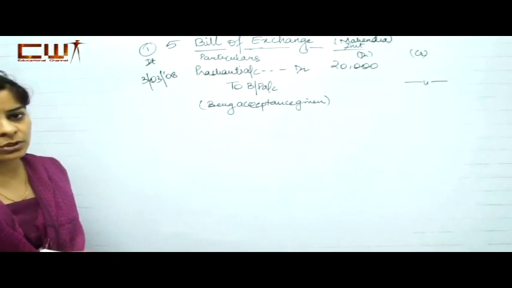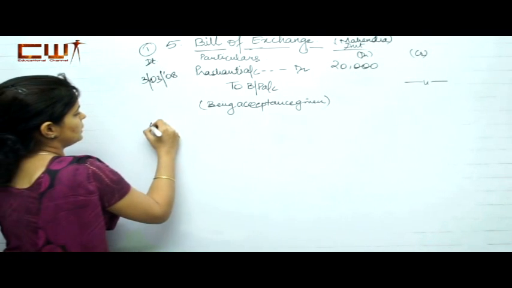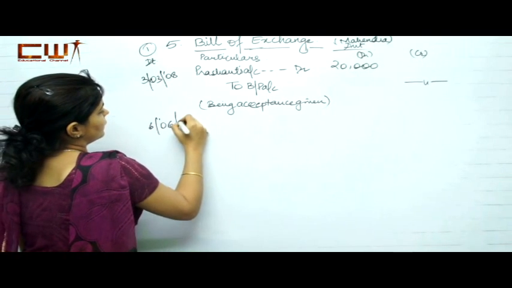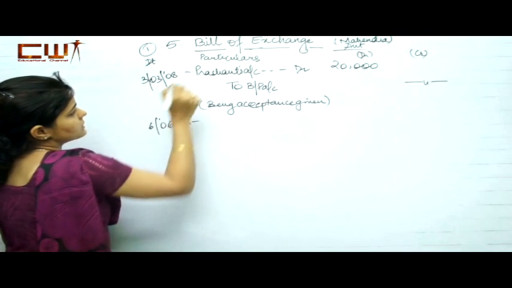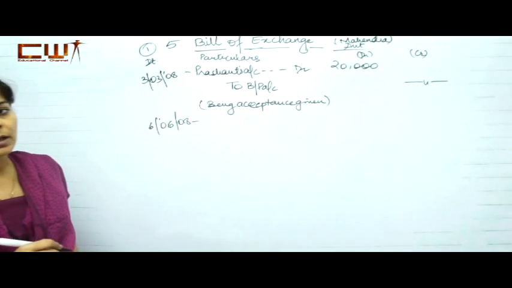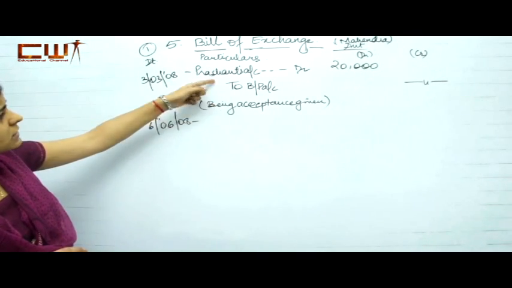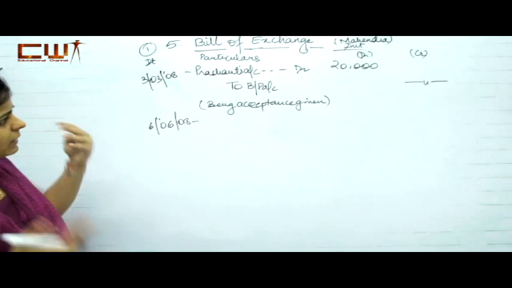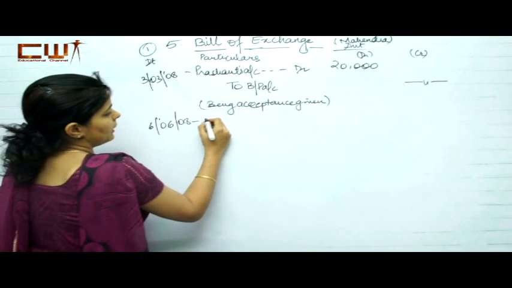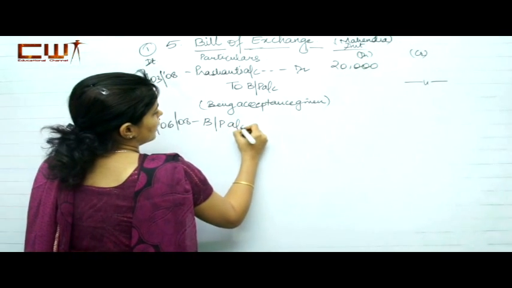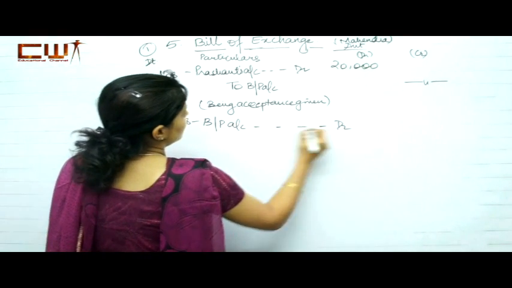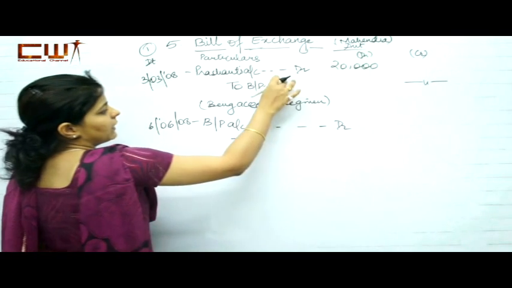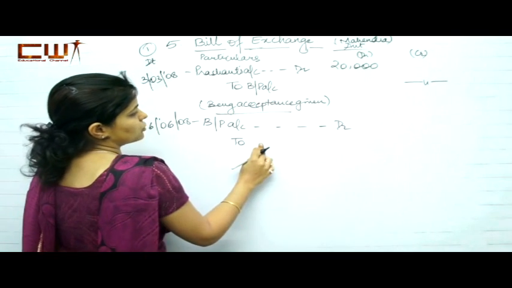Next is when he is dishonoring the bill. You will write the date of maturity. What is the entry for dishonoring of the bill? Bills payable to Prashant. Just the reverse entry of what you did earlier. Even in the books of the drawer, it will be the reverse entry. So bills payable account is debited. Earlier this made the bill and this is destroying the bill.